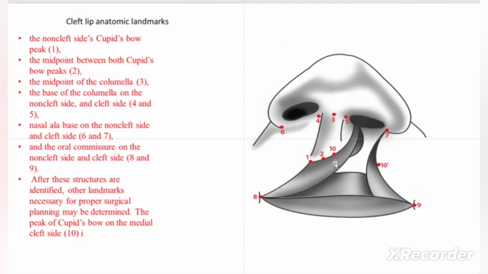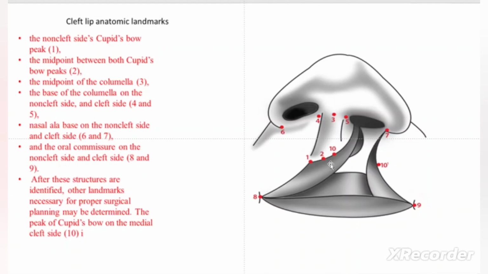See, for 10 we have to measure the distance from number 1 to 2. Number 2 is the midpoint of the two Cupid's bow peaks. If 1 to 2 is 2 millimeters, then 2 to 10 should also be 2 millimeters.